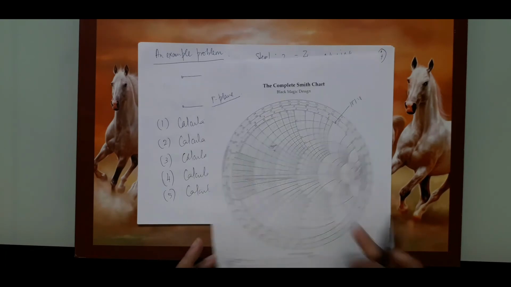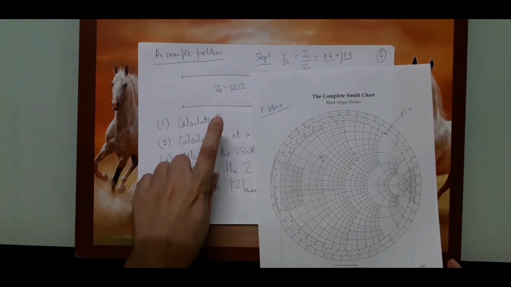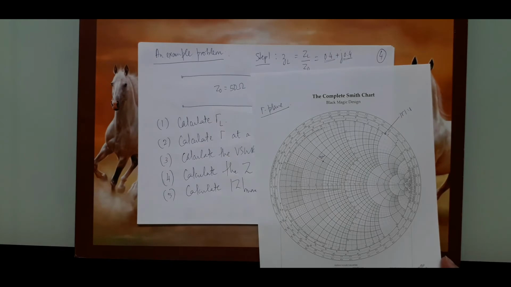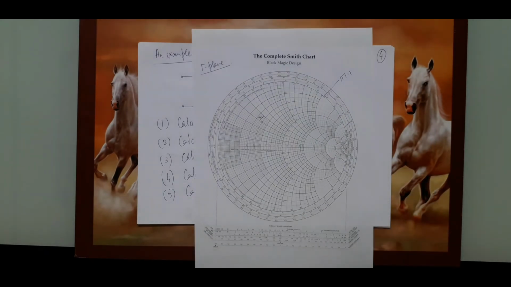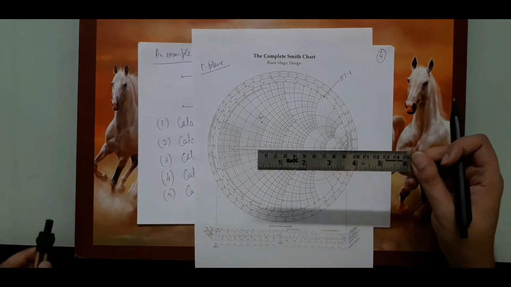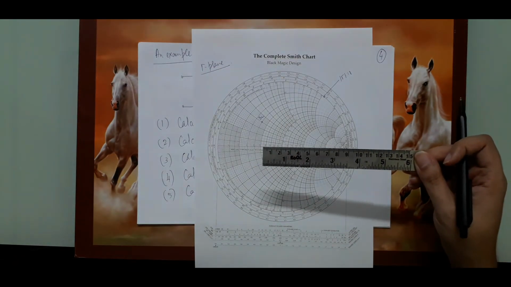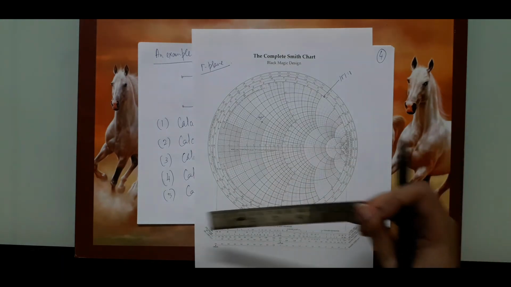So now we have found out where small zL is. Now we need to calculate the reflection coefficient at this point. Now before that, for all calculations on the Smith chart, you need your geometry set, that is a ruler and a compass at the very least. So now let's get to business.